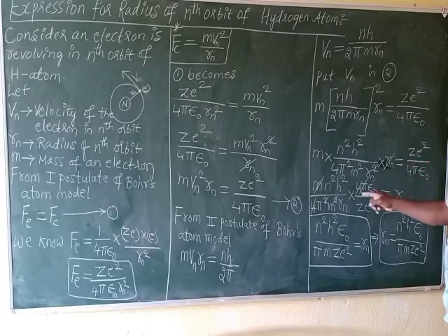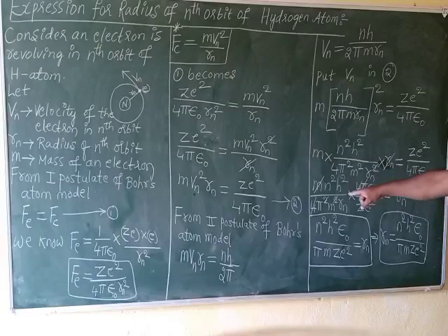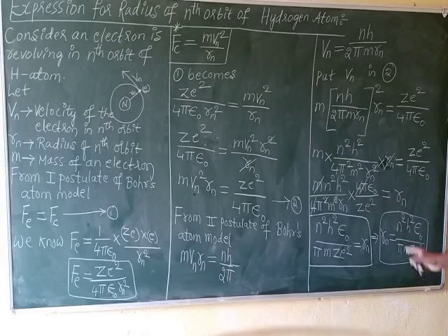Next, n square h square by 4 pi square m square Rn; here one pi cancels from pi square. So Rn equals n square h square epsilon by pi m Z e square. This is the expression for the radius of the nth orbit of the hydrogen atom.